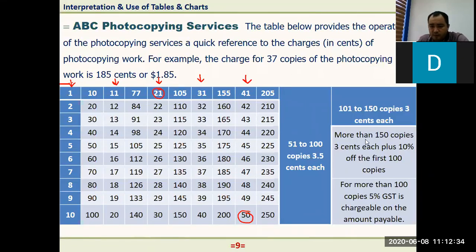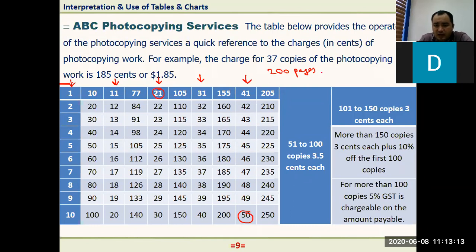Now it says more than 150 copies, 3 cents each, plus 10% off the first 100 copies. What does it mean? For example, if you have 200 pages, for more than 150 copies it is 3 cents.